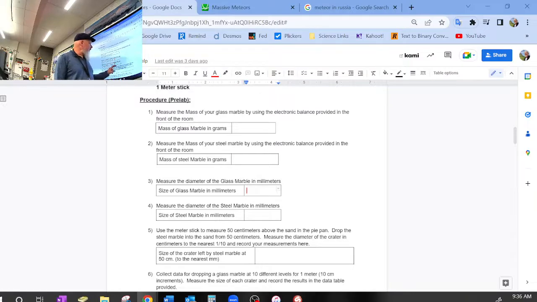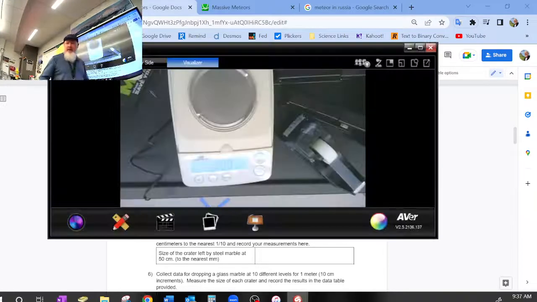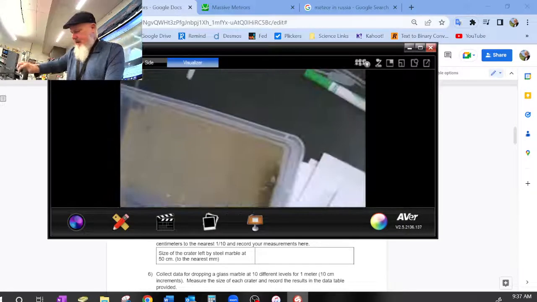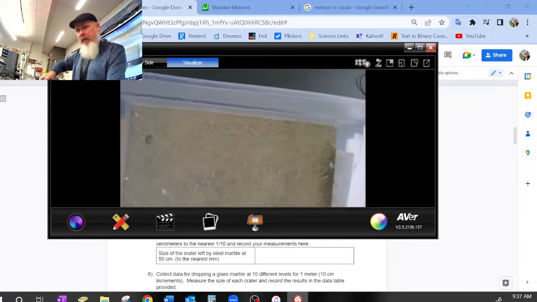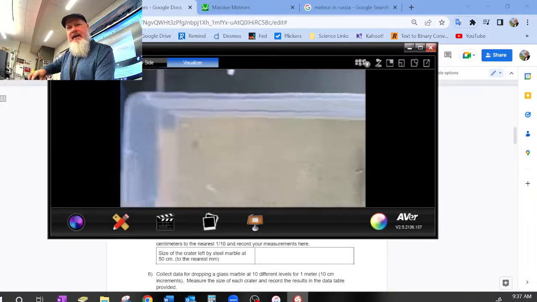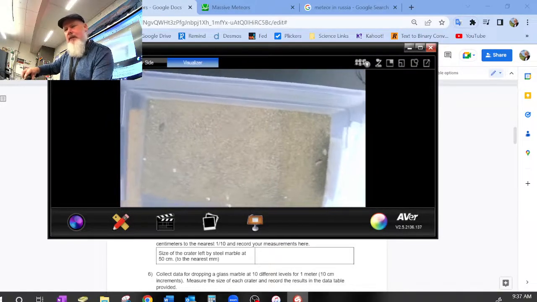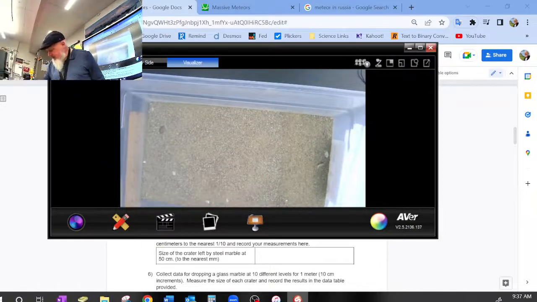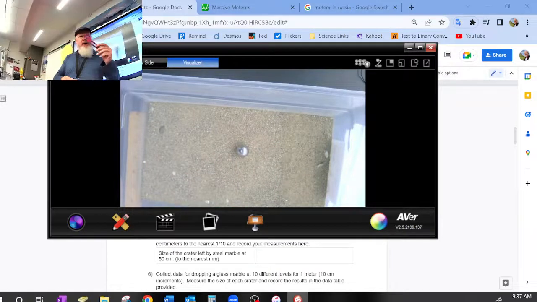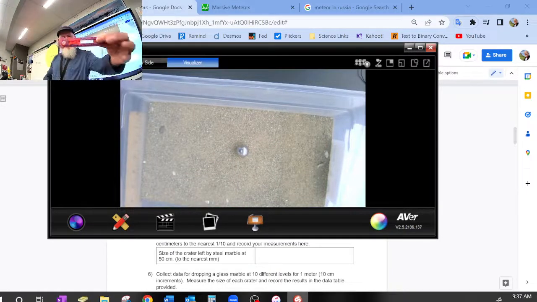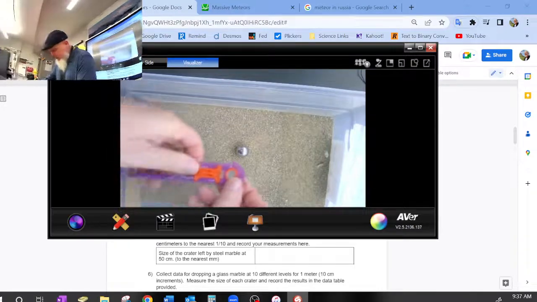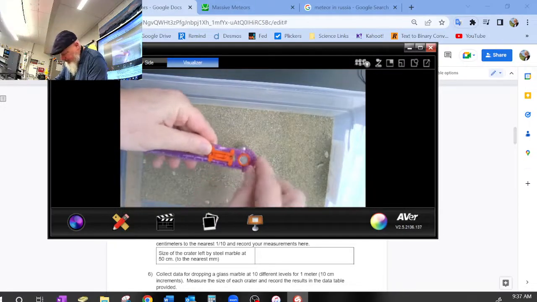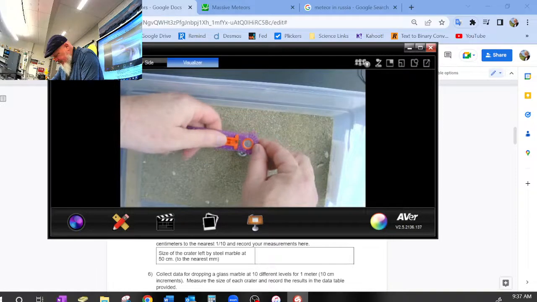The next thing you have to figure out is the size of those. And to figure out the size, we're figuring out the diameter. How big are they in diameter? So let's measure my steel marble right here. I am going to use this little tool. It's a little ruler. Don't use the inch side. Make sure you use the centimeter side.